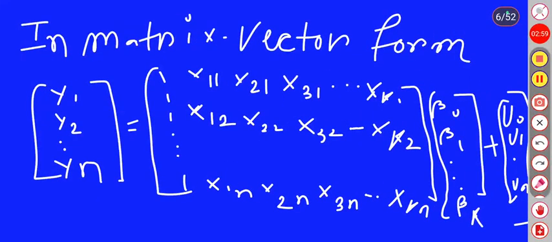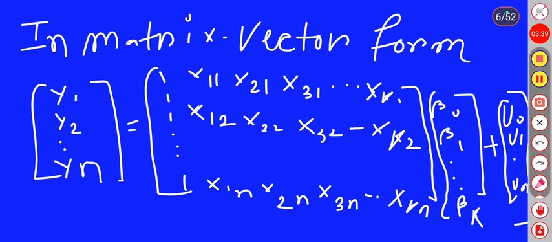In the matrix vector form, we can write y1, y2, y3 up to yn is equal to the matrix whose first column is 1, up to n, then x11, x21, x31 up to xk1. In the second row, 1, x12, x22, x32 up to xk2, and the third row 1, x13, x23, x33 up to xk3.